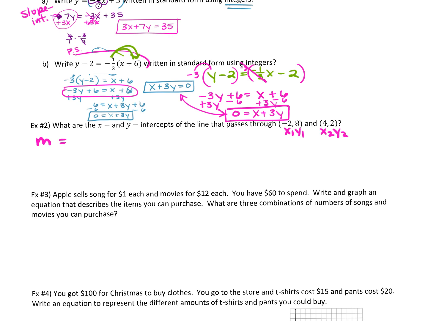So we're going to go y2 minus y1 over x2 minus x1. What's 2 minus 8? -6. What's 4 minus a -2? A positive 6. So you have a slope right now of -1.